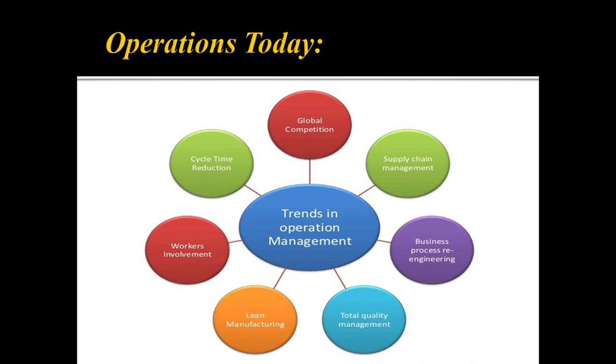Next topic that we are going to cover is operations today. If we're talking about operations, what type of operations are being dealt with today? It has been explained with the help of a diagram, that means the recent trends in operations management. First is global competition.